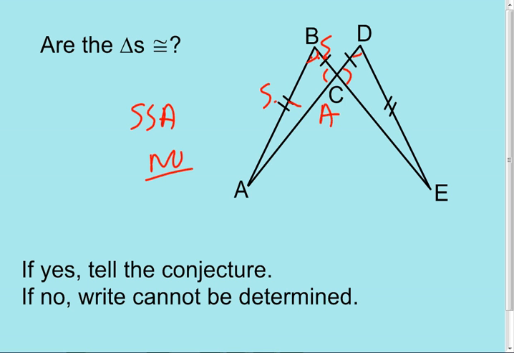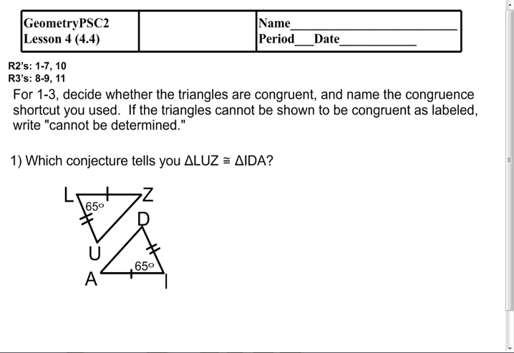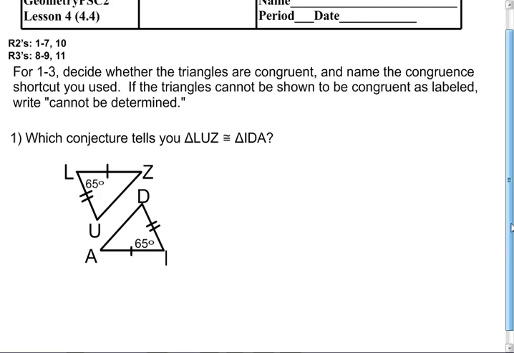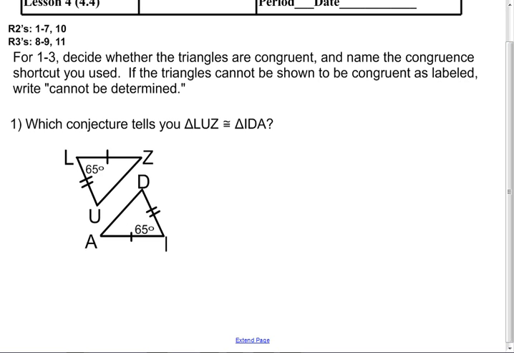Okay, if you have a packet, you have a hard copy of the homework. Let's look at number 1. Okay, you guys? Shh. Aaron, Jake, are those triangles congruent, and if they are, why? Okay, you can't answer this question, you didn't listen. Are these triangles congruent?